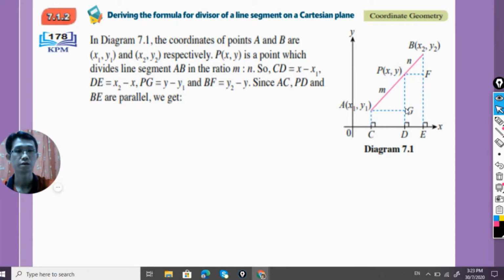We can use the concept and properties of similar triangles here to get our section formula.